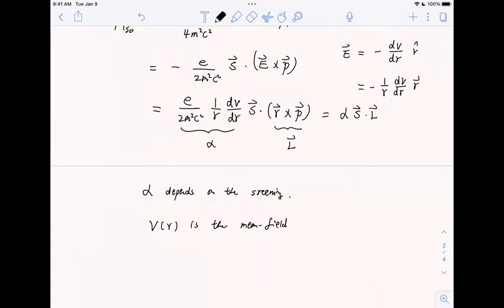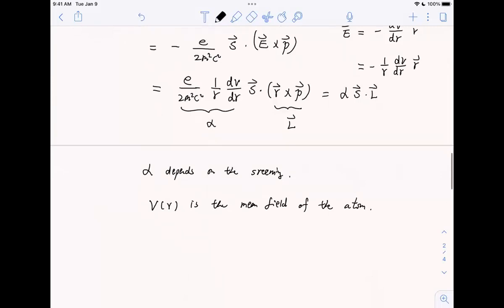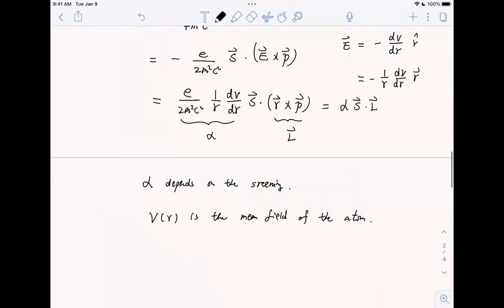Mean field basically means the average field of the atom. So when you have more electrons, this is no longer a 1 over r Coulomb potential. It will be somewhat modified. And eventually you get alpha. So now we just treat alpha as a parameter.